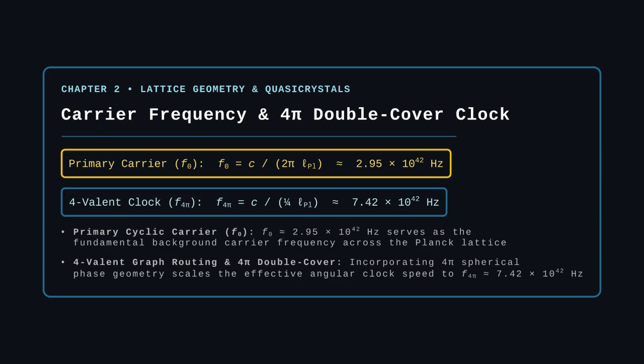The unexcited background vacuum is not a passive emptiness, but an active, hyperdense fluid medium oscillating uniformly at f0. Macroscopic energy transitions, subatomic particle rest masses, and laboratory electromagnetic wave frequencies represent low-frequency subharmonic modulations, delta f much less than f0, layered on top of this fundamental carrier wave.